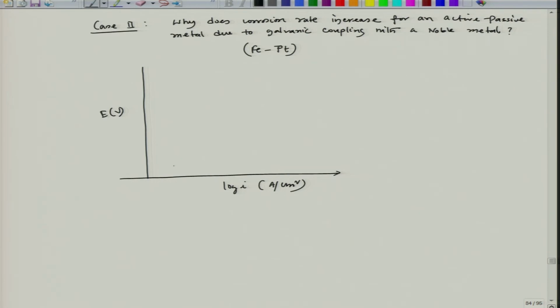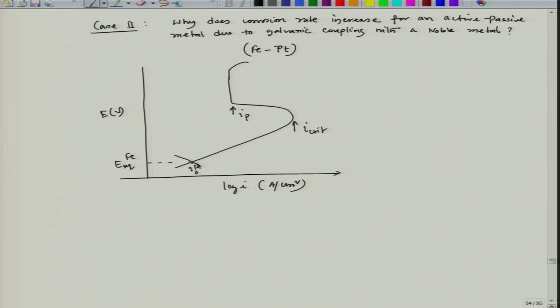Iron is also an active passive metal, and the plot looks like this. Fine. So, now this is my E equilibrium with iron, and this is I 0 of iron in the acid solution, and this is of course passive, and this particular point is I critical, this is I passive.